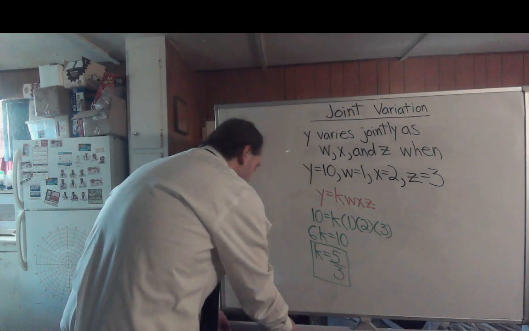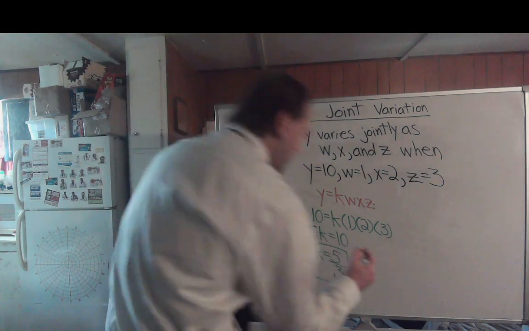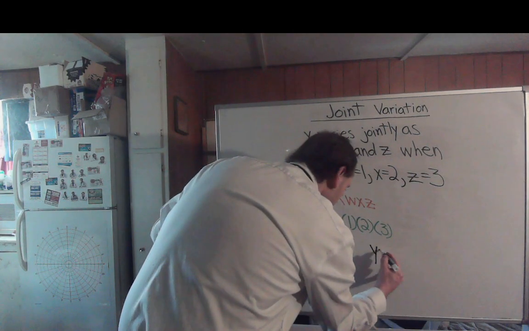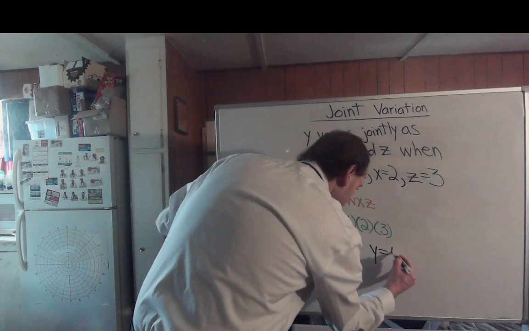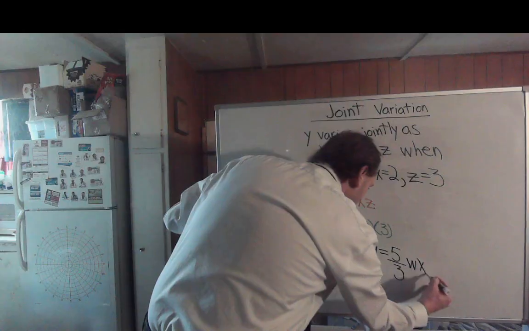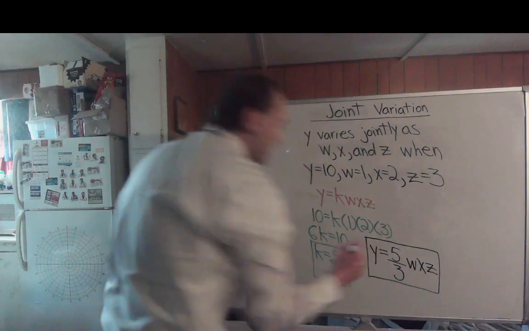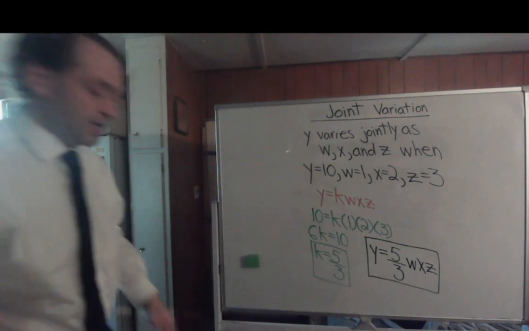Now we just need to find the function of the new equation of joint variation, which would have to mean that y equals that constant, which would be 5/3 times w times x times z. So what you would get is y equals 5/3 wxz.